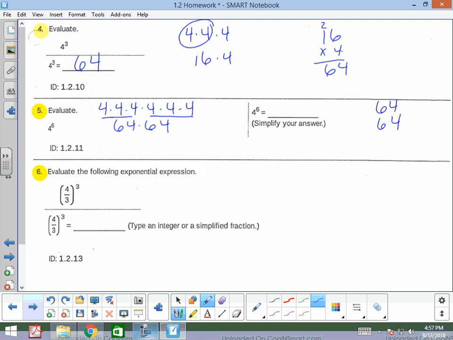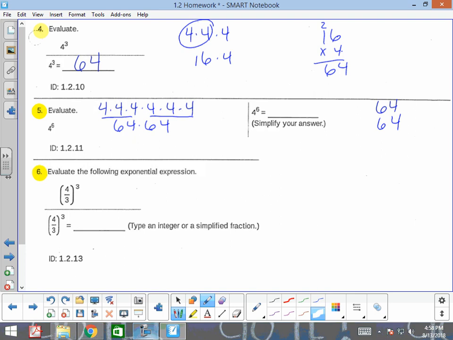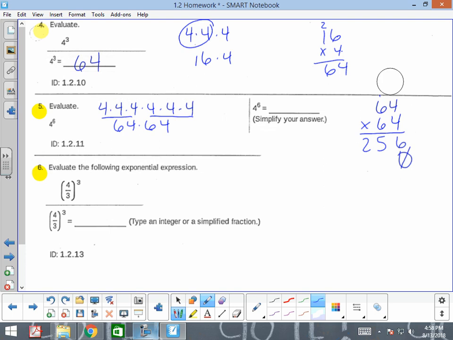I'm going to make myself some space right here. All right, so multiplying the 4 times the 4. Carry your 1. 4 times 6 plus 1 is 25. You put your little space there if you want to. All right, so now we're doing 6 times 4. Oops.